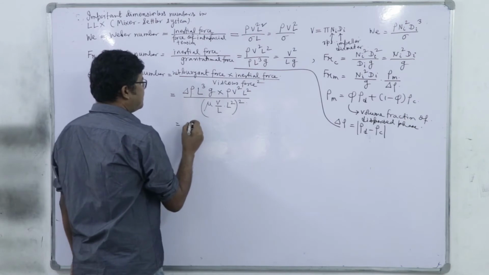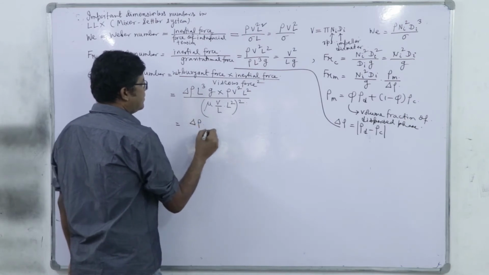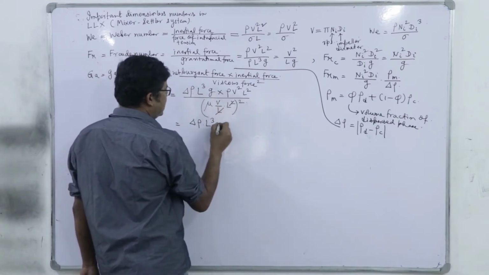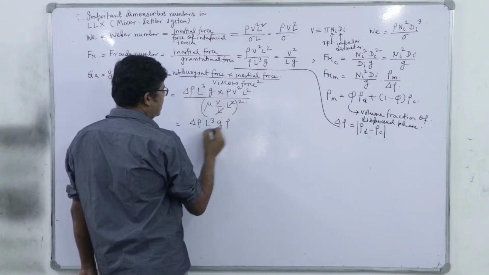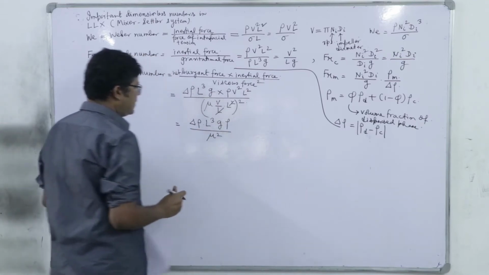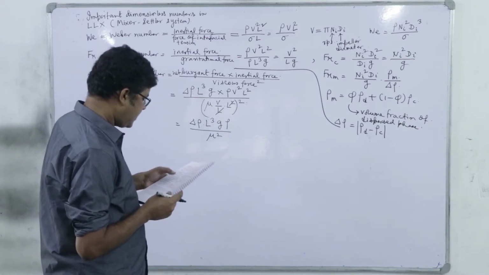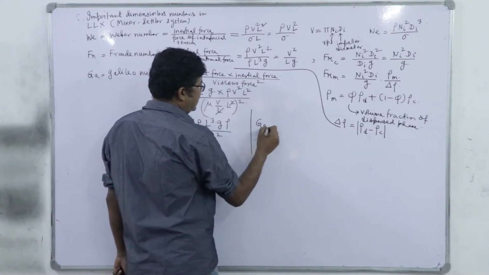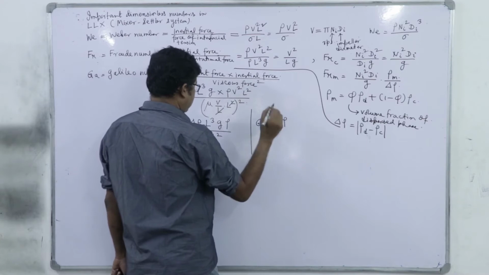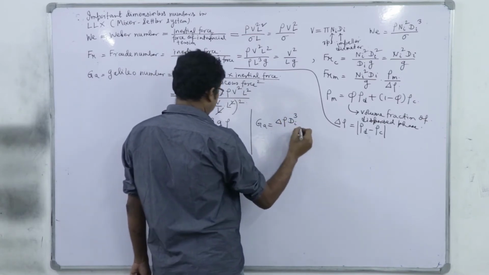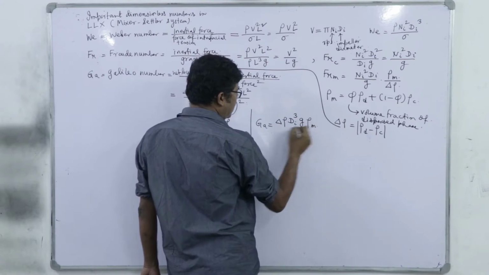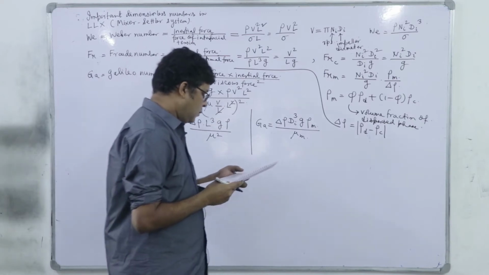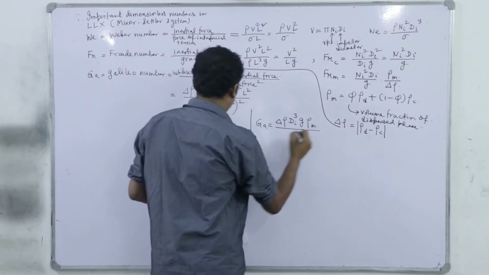So, that becomes delta rho into L cube into G into rho divided by mu square. So, for extraction this Galileo number is defined as delta rho, di cube into G, and here rho mixture divided by mu mixture, square.